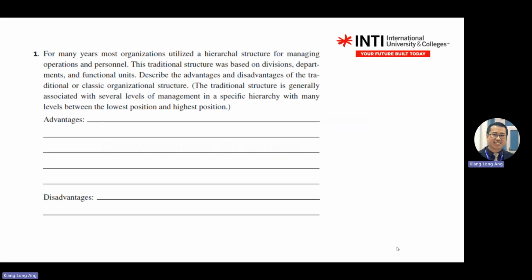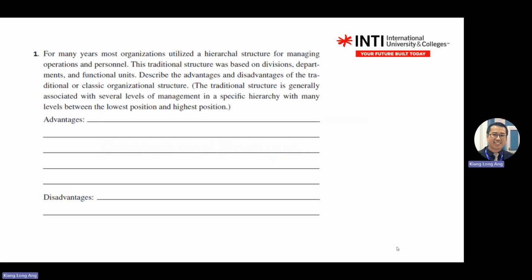Now, what happened to the resources in the traditional organization chart? Disadvantages. You think these are disadvantages? Okay, so the resources are very limited.